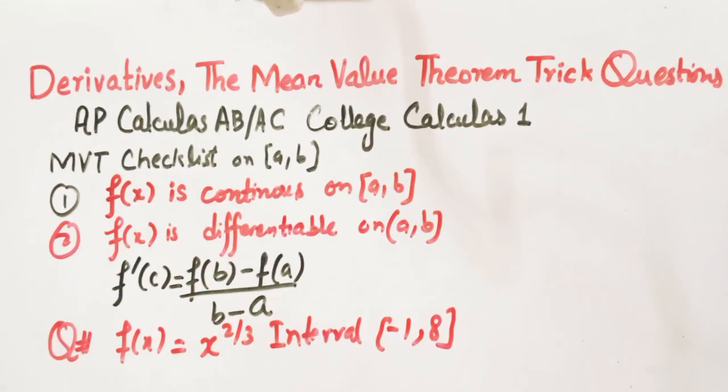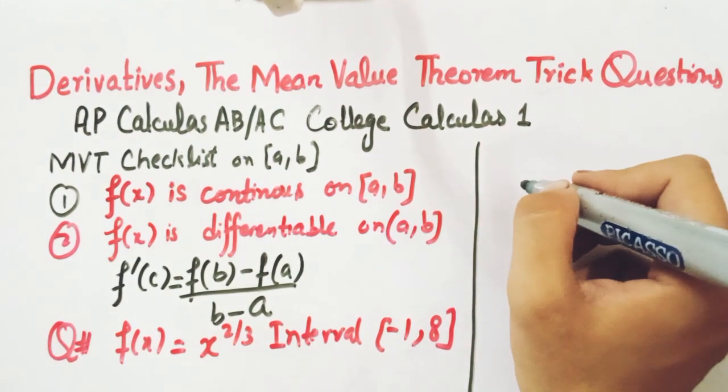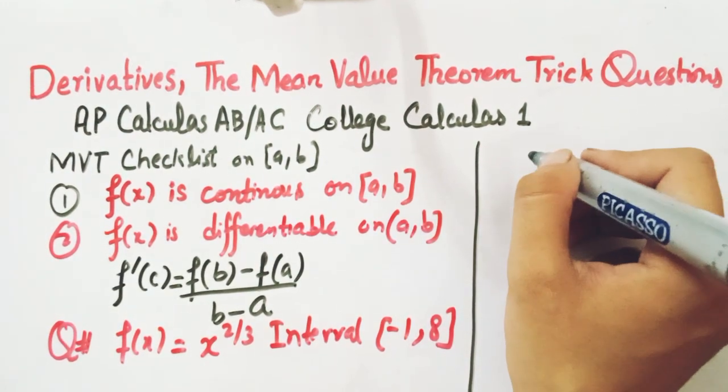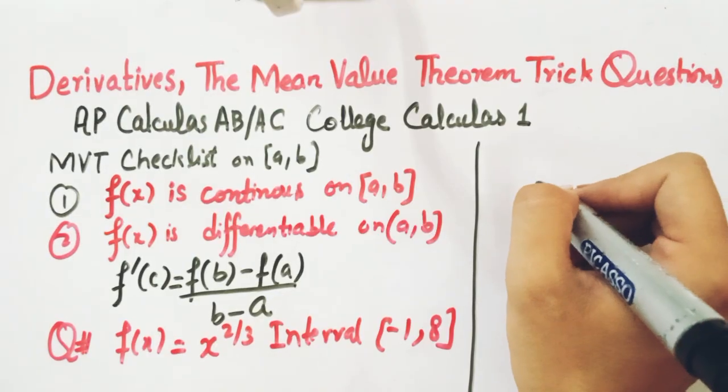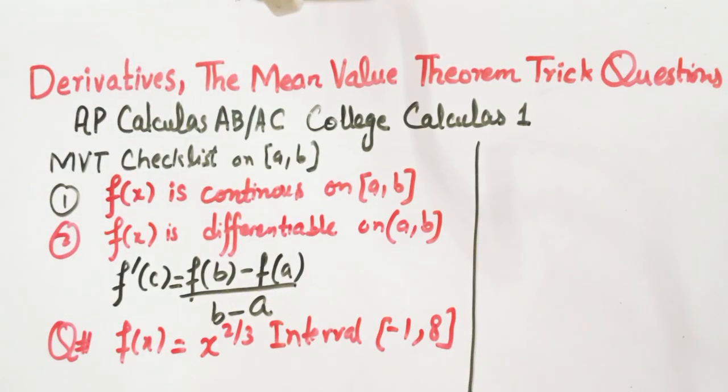Your goal is to find all the values of c that satisfy the mean value theorem. Now here is the problem: f of x equals x to the 2/3 power on the closed interval from -1 to +8. Your goal on the test is to find the value of c.